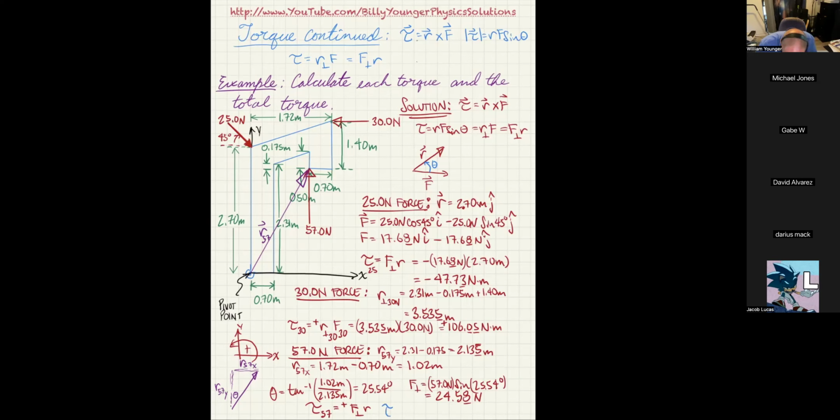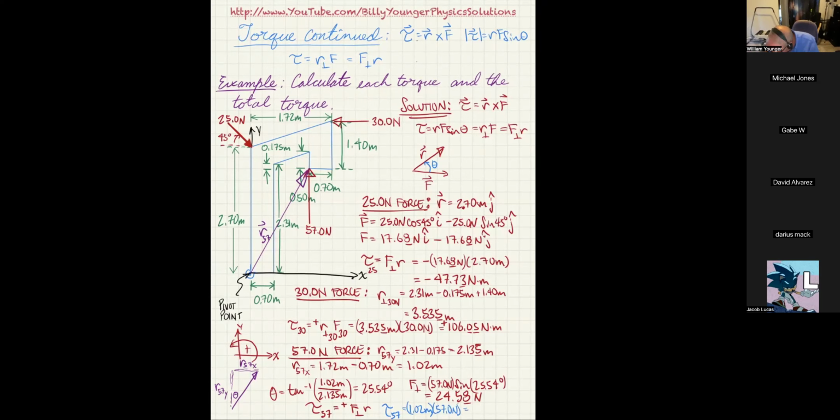So I'm going to say torque 57 is going to equal the x component we found was 1.02 meters. And remember, that's horizontal. And then the actual force, which is vertical, is 57.0 newtons.